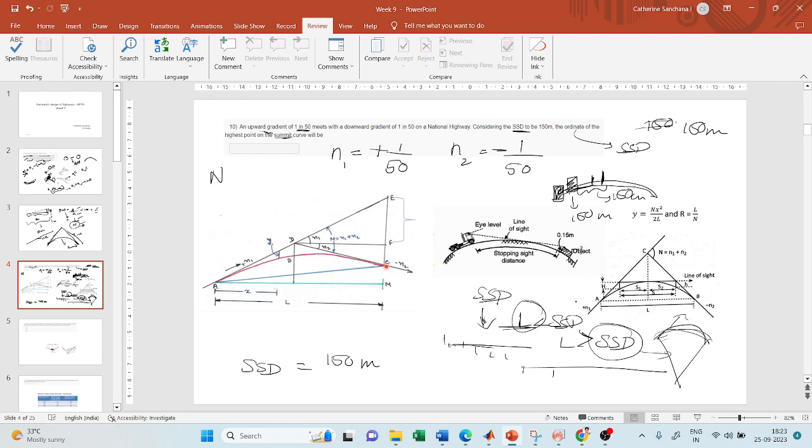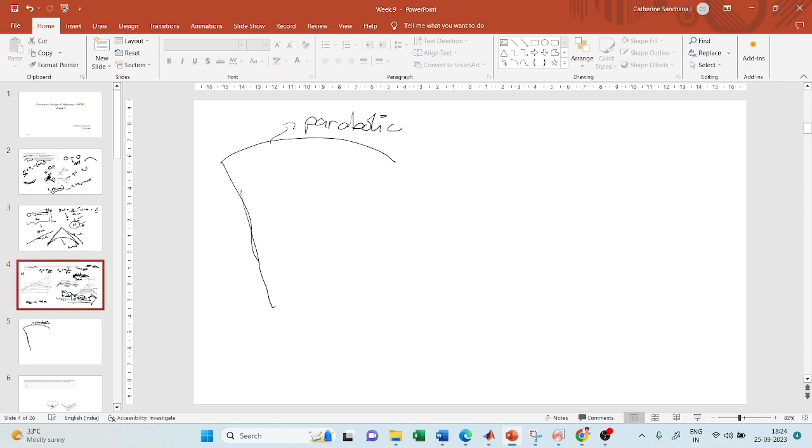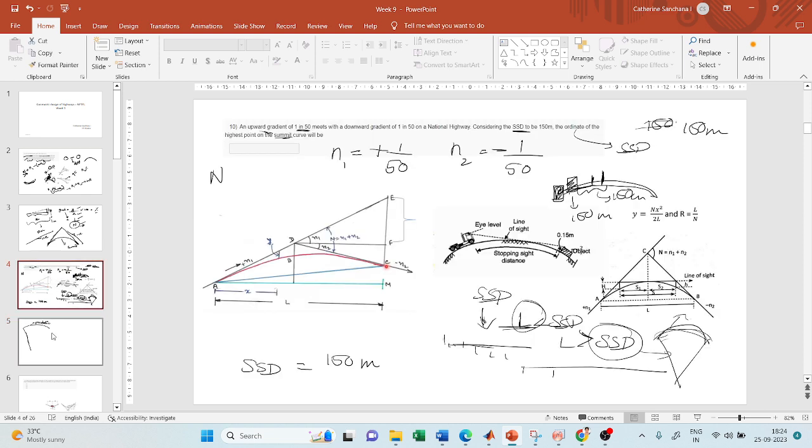Now for a vertical curve, it is not usually a circular curve, but it is a parabolic curve, okay? You should know the equation for this curve in order to fix the curve on the road, and also you should be able to calculate the stopping sight distance.